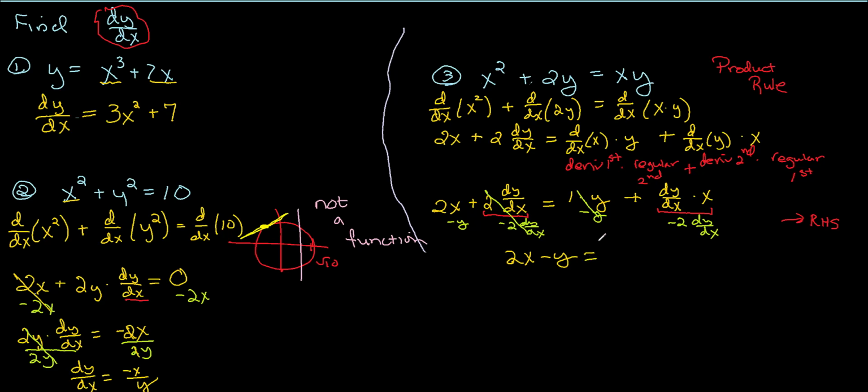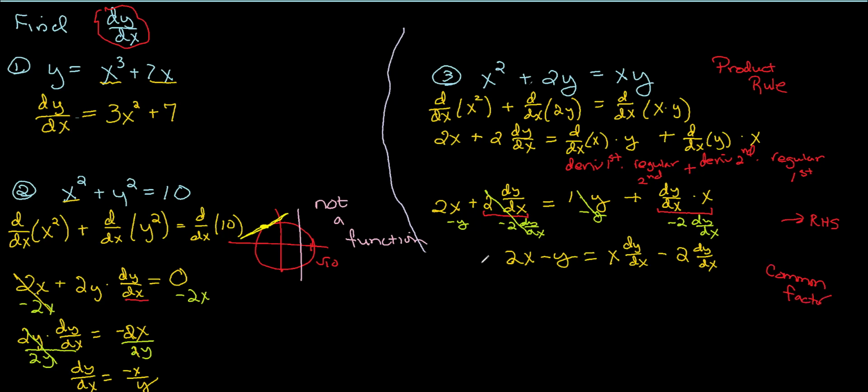I just have the x times dy/dx minus a 2 times a dy/dx. This is looking better, but I still need to solve for dy/dx equals some expression. So let's pull out a common factor here. And my common factor is going to be dy/dx.